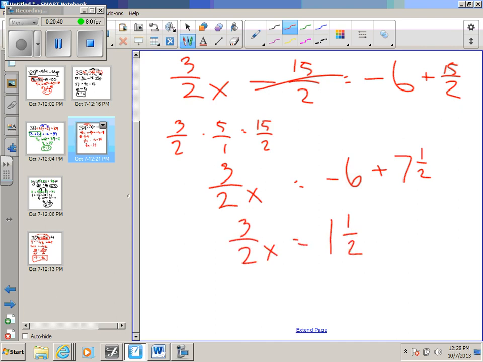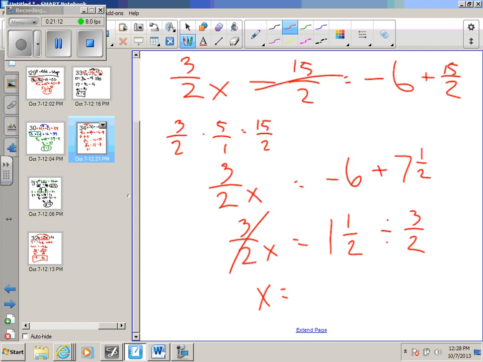So now, here we are. This is right where we want to be. What is then happening to x? Right now, what's happening to x? When it's jammed right up next to something, what operation is it? It's being multiplied by what? X is being multiplied by what? 3 over 2. So the opposite of multiplying by 3 over 2? Okay, couple of things.